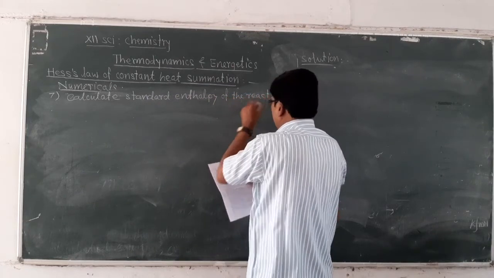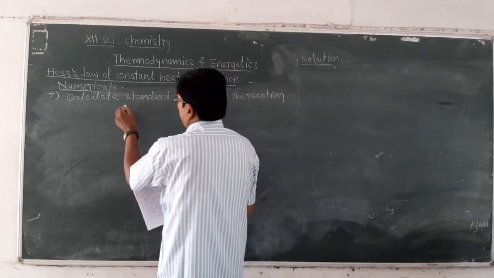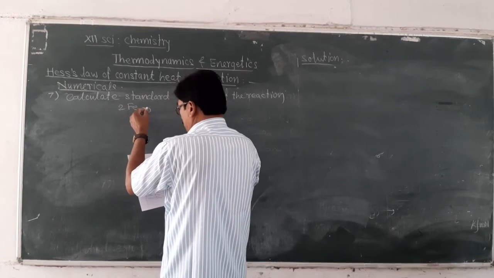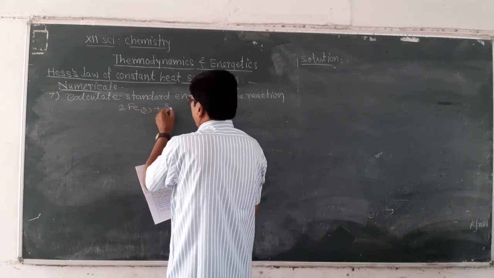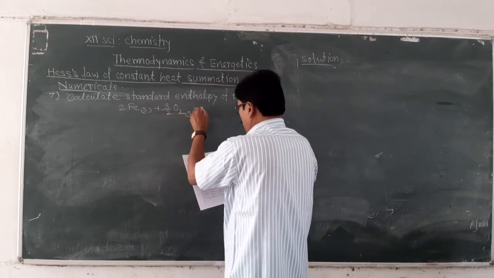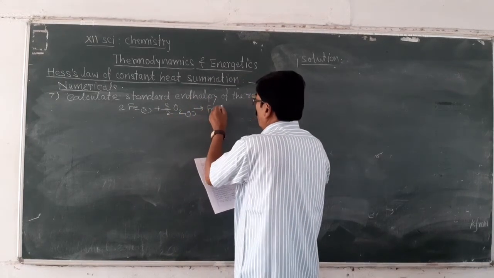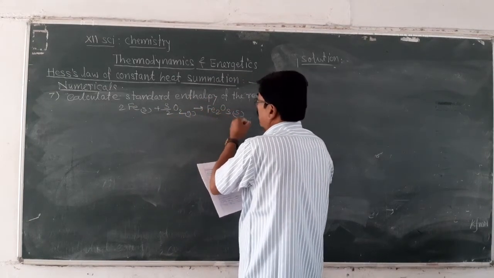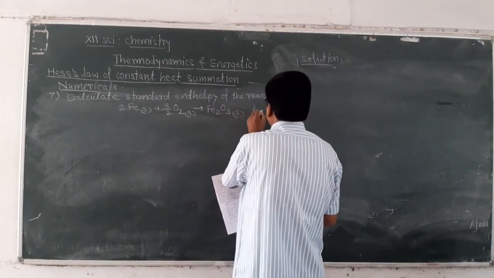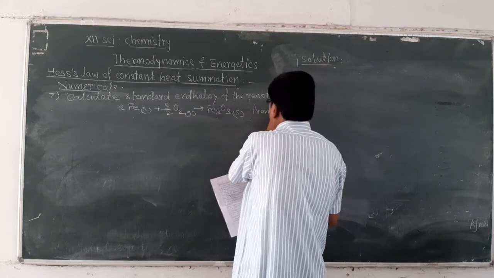Reaction is given as 2Al solid plus 3/2 O2 gas gives Fe2O3 solid, from the given data.